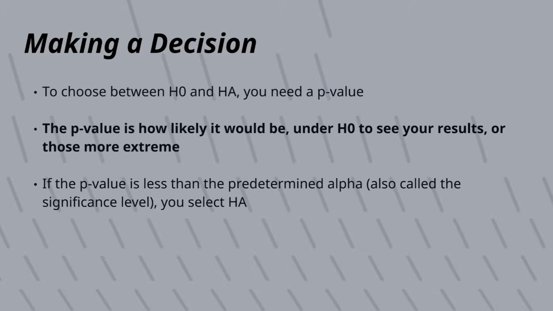Remember, we want to know or have an idea that what we've seen was not likely to be seen, that it was an extreme result, and therefore we would be more likely to go with the alternative hypothesis. If what we observed is a very common or expected result, then we would tend to stay with the null hypothesis. That would give us a large p-value, and we'd stick with the null.